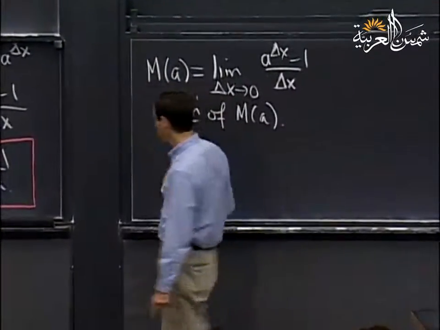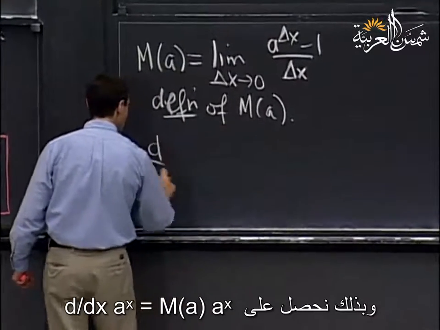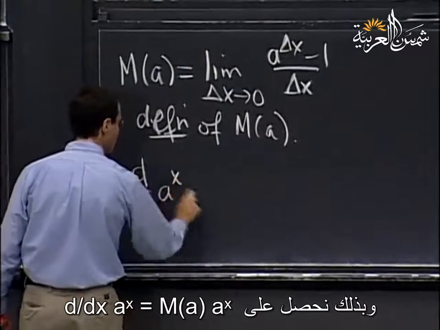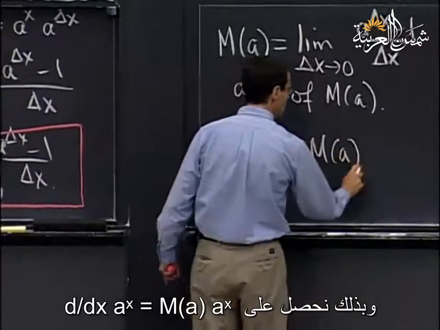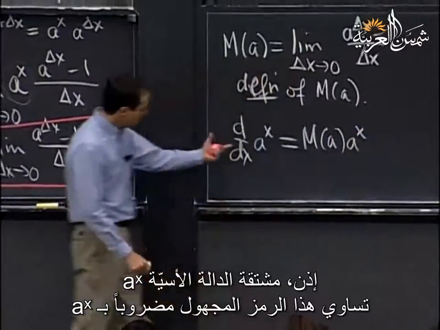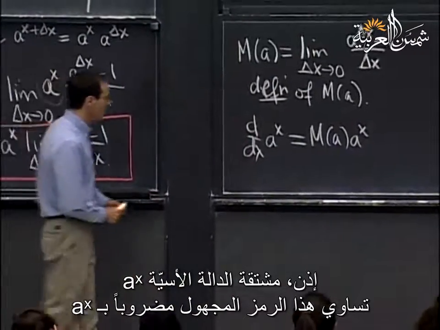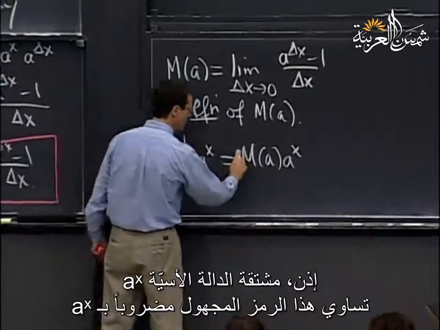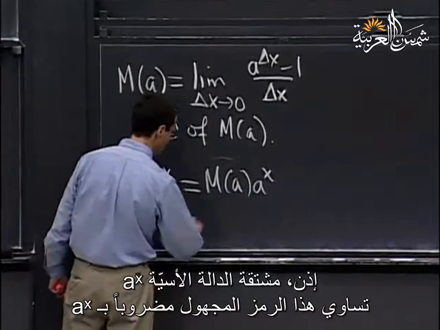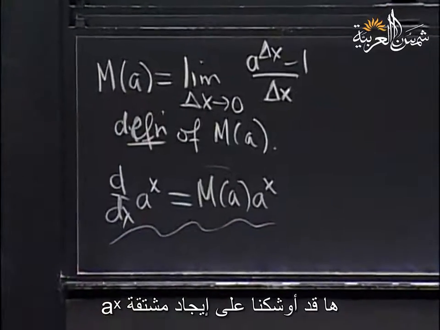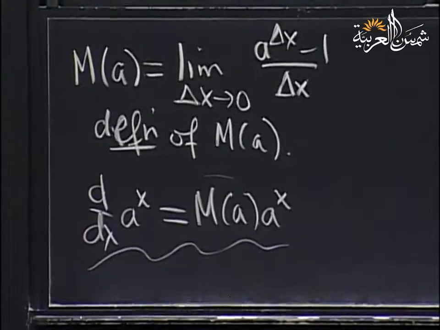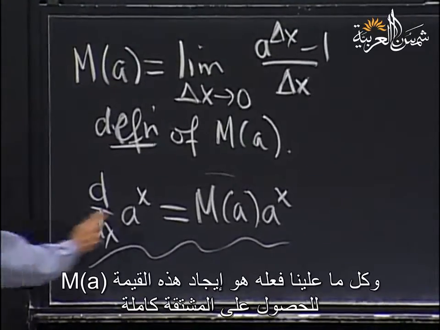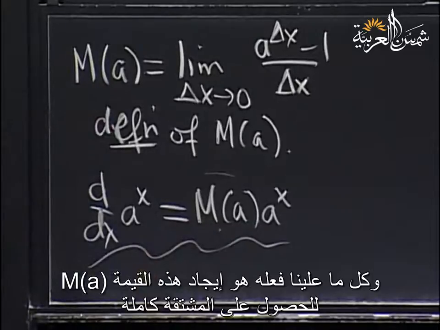It says d by dx of a to the x is equal to this factor, m of a, times a to the x. So the derivative of the exponential is this mystery number times a to the x. We've almost solved the problem of finding the derivative of a to the x. We just have to figure out this one number, m of a, and we get the rest.